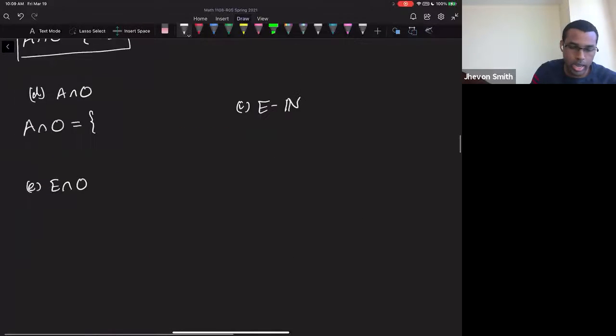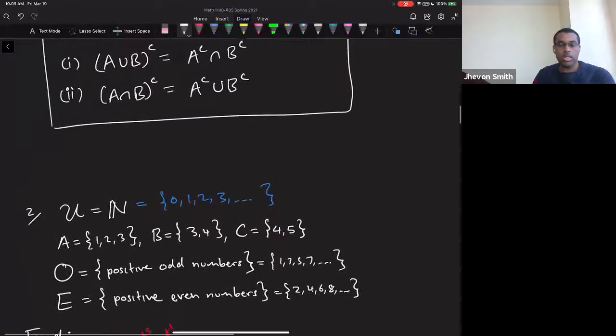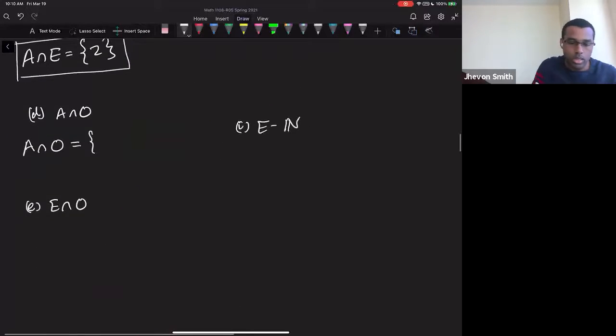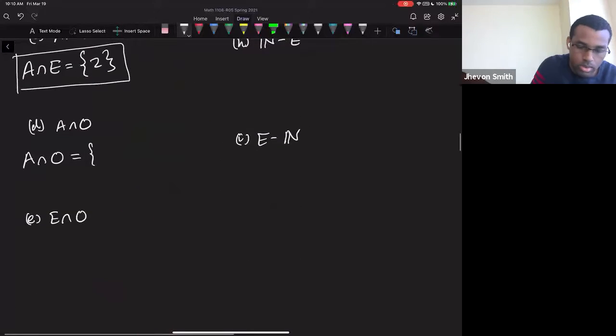I want A intersect O. So A is {1, 2, 3}. O is the set of all positive odd numbers: 1, 3, 5, 7, all the way. The intersection is what they have in common. What they don't have in common is the number 2, but numbers 1 and 3, there's overlap there. So that is {1, 3}.